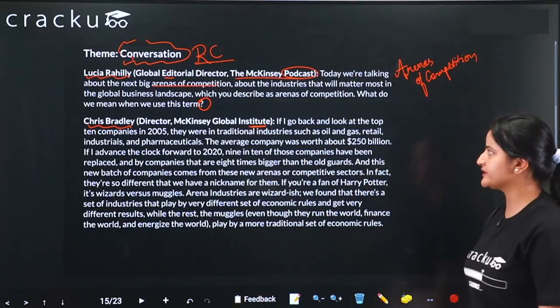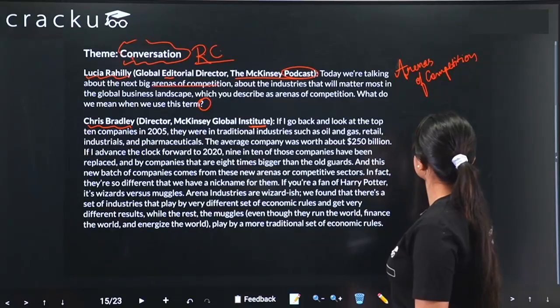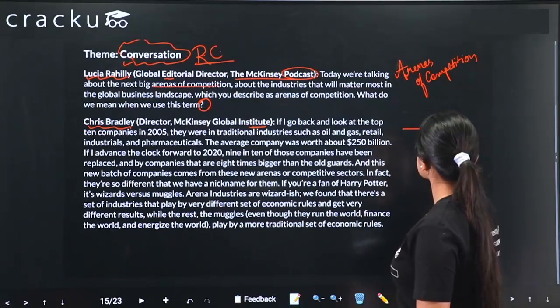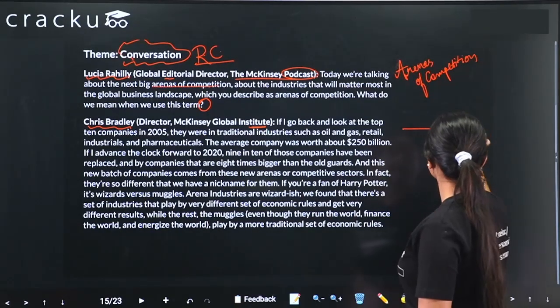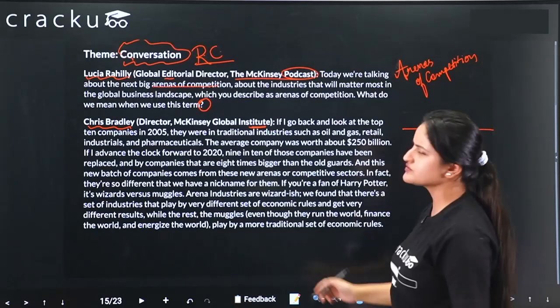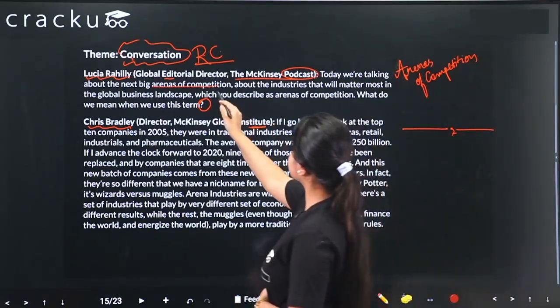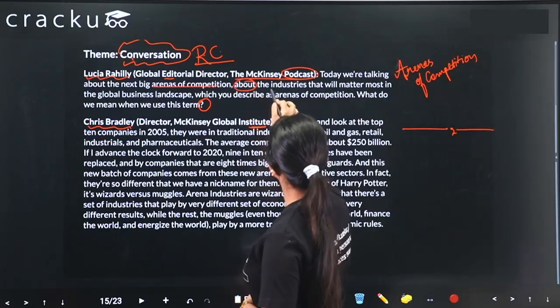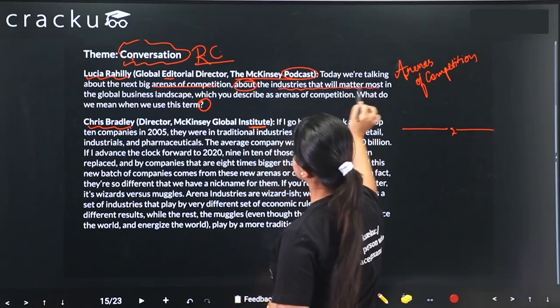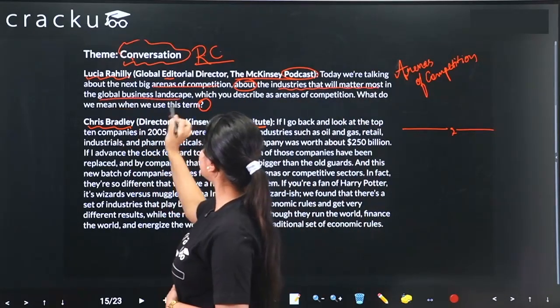How do we know what it means? If a word is given and a comma is there, and then the comma is followed by an explanation, that is mostly the explanation of what it means. So arenas of competition means the industries that will matter most in the global business landscape.